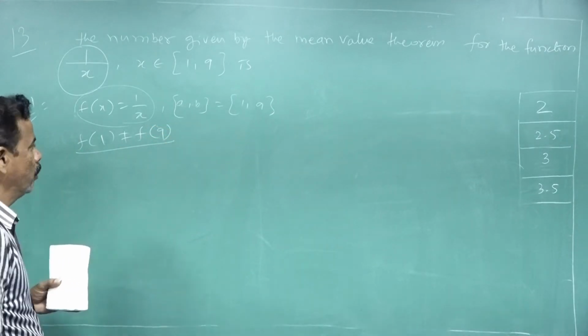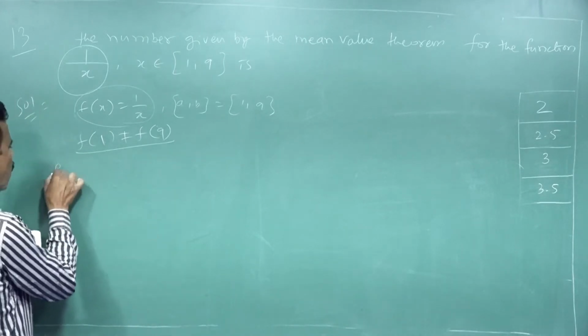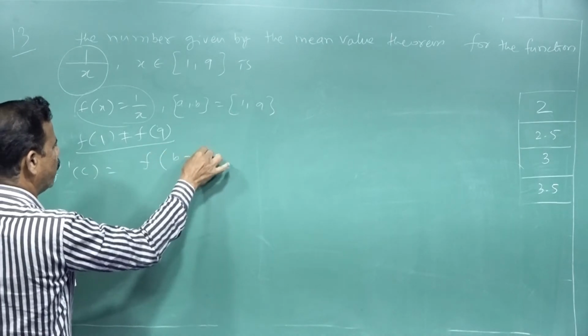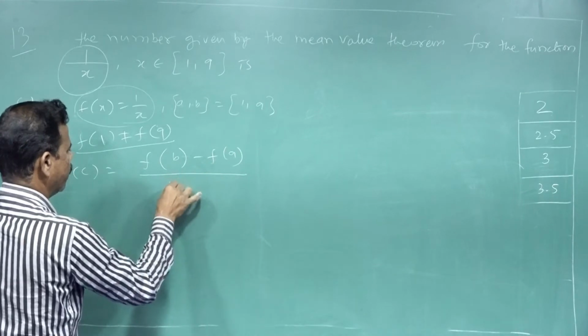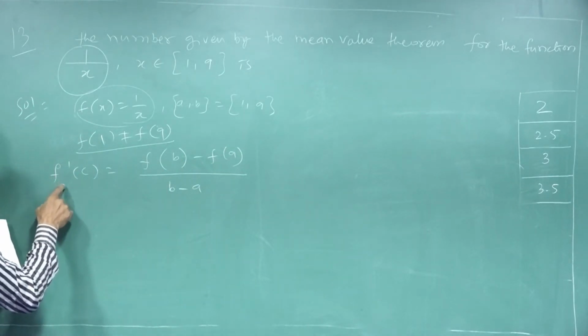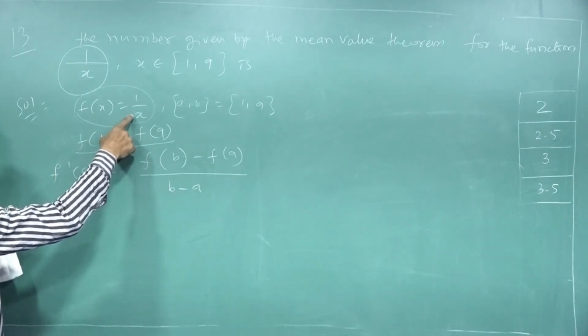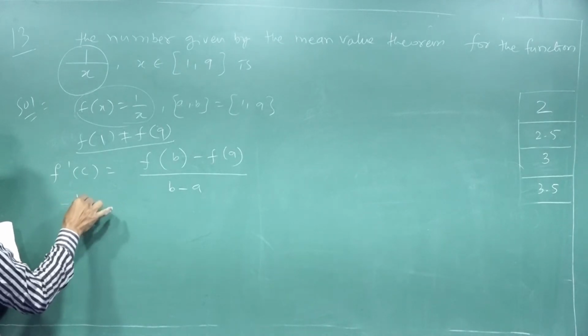Okay, so according to the mean value theorem, f dash c is equal to (f of b minus f of a) by (b minus a). So what does f dash c mean? First derivative. The first derivative of 1 by x is minus 1 by x square.